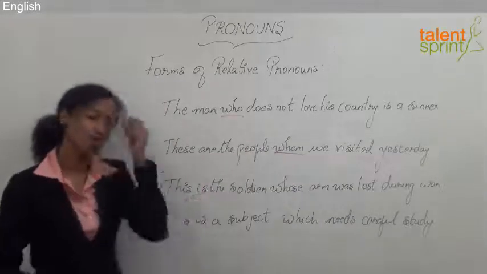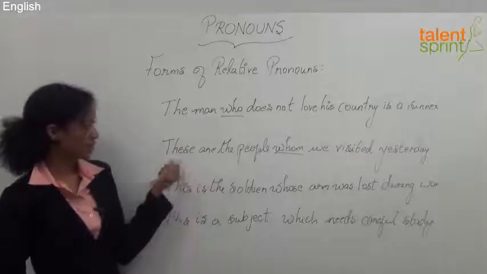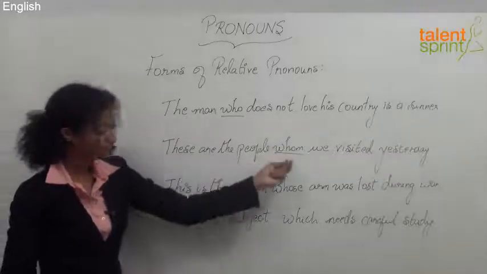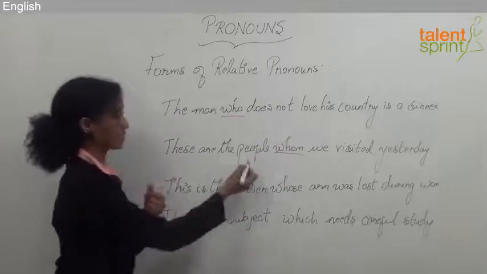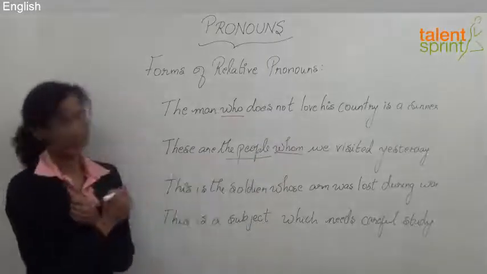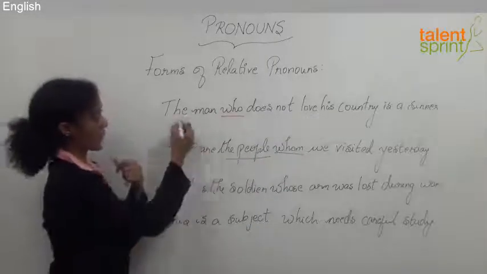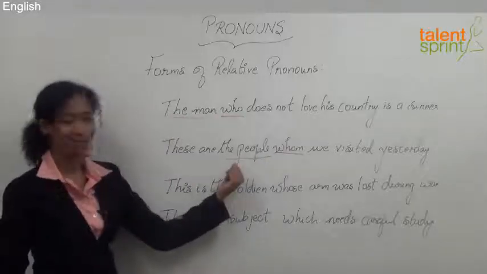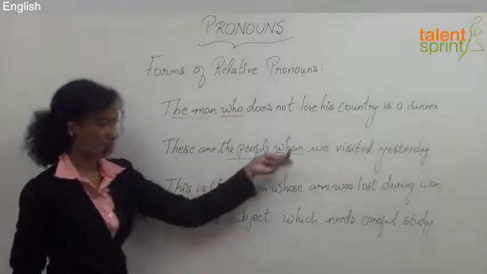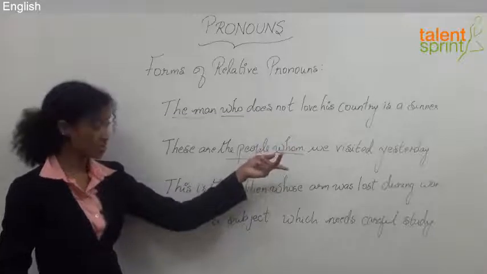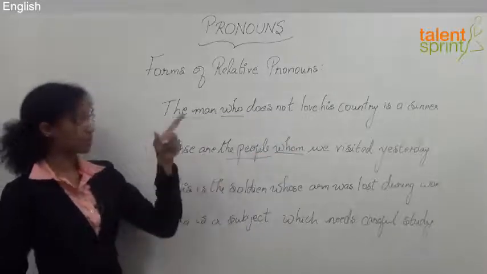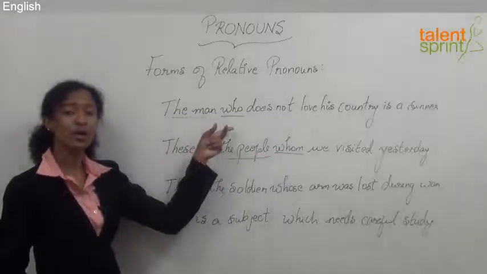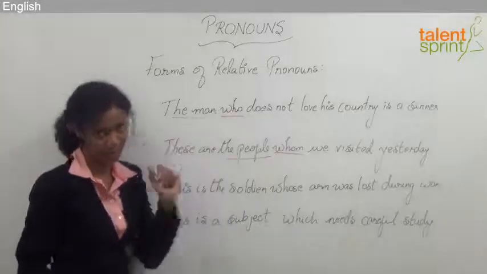Now whom is a pronoun which is used in the object case. Whom is a pronoun replacing the people. Here who replaces the man, whom replaces the people, object case. So whom is used in the object case for a person, and who is used for a person in the subject or nominative case.